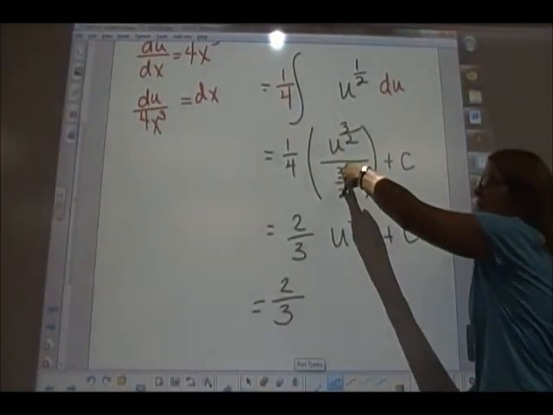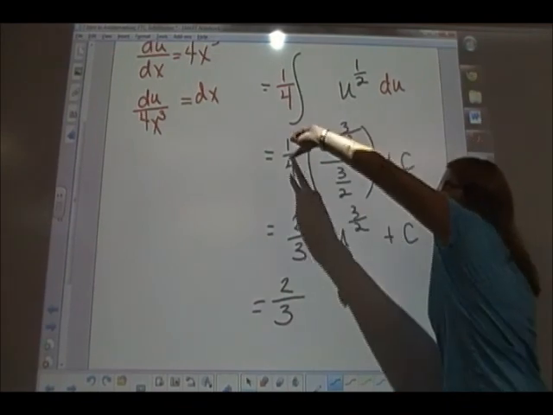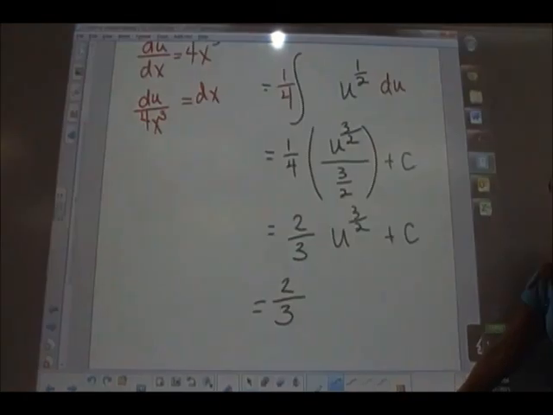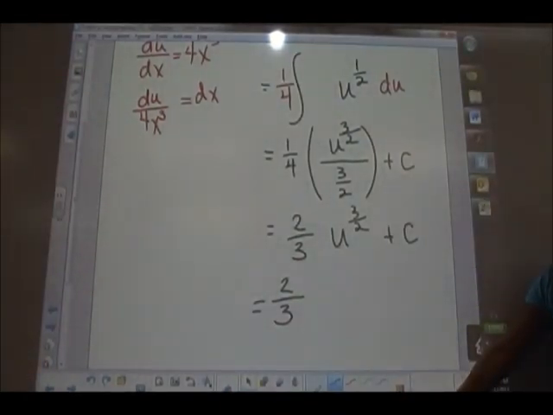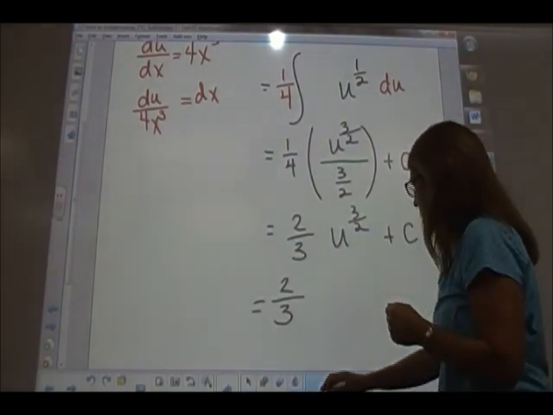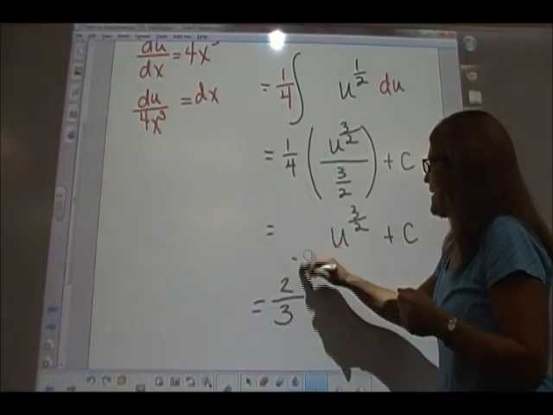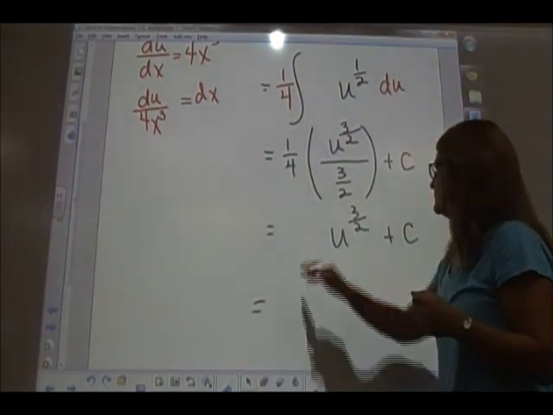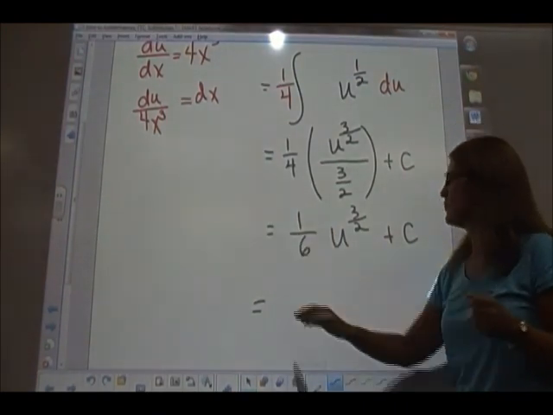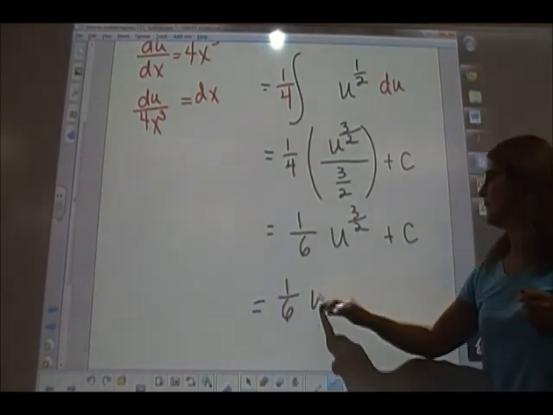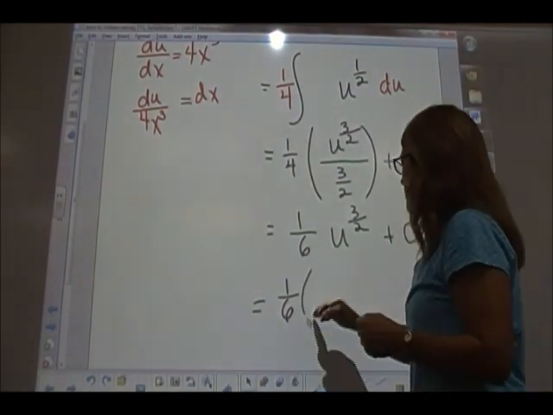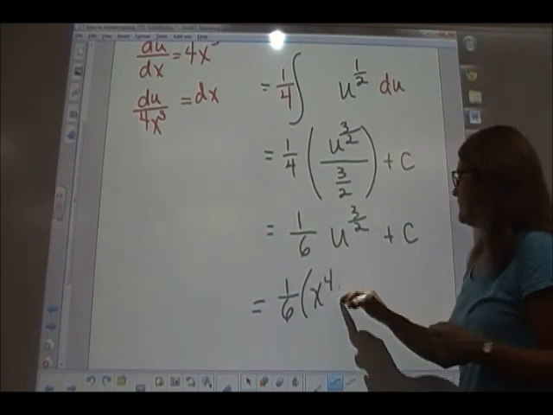Oh, I took the 3/2 and I flipped it and I multiplied it times 1/4. 1/4 times 2/3 is 2/12, or 1/6. You were telling me to flip it and make it 2/3, right, Nick, and then multiply it. I just completely missed the multiplying. 2/12 or 1/6? Yep. Thank you, and I let u be what? X to the 4th plus 5.